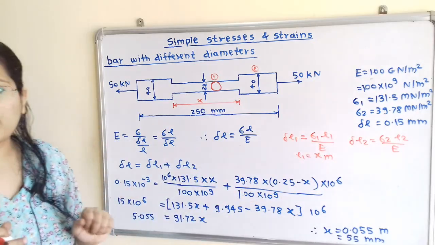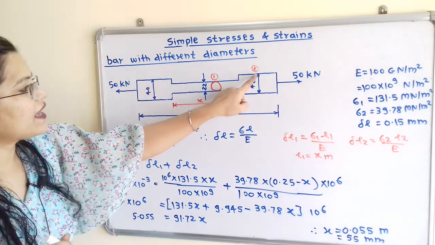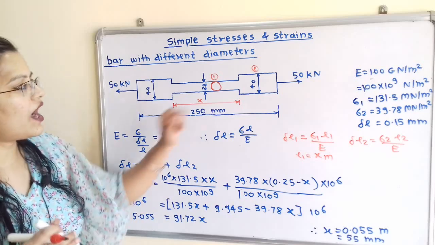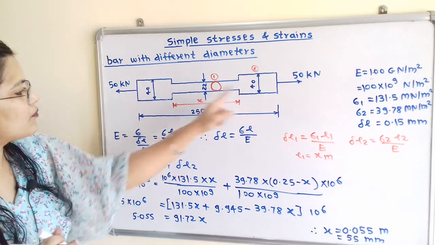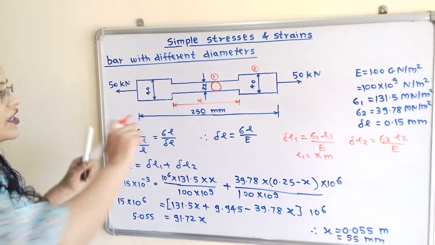Now what is the value of L2? It is the length of the portion of the bar having diameter 40 millimeter. If we observe the diagram, the total is 250 millimeter, that is 0.25 meter.